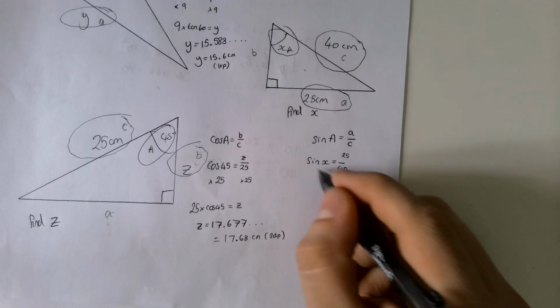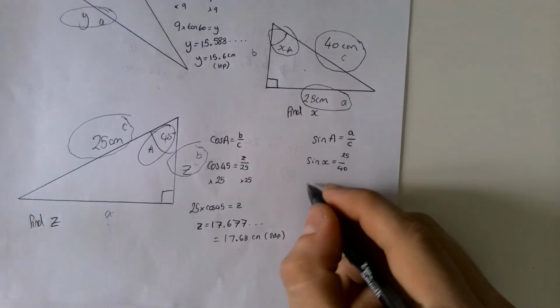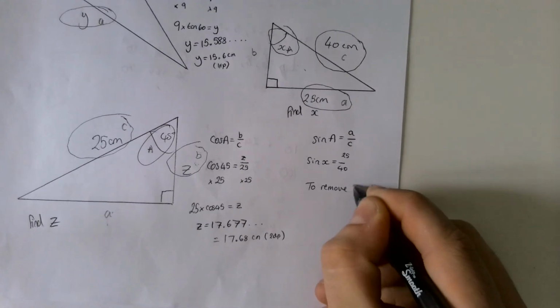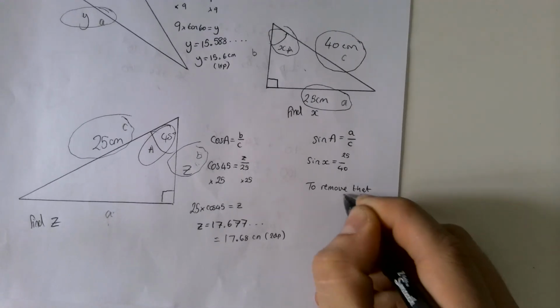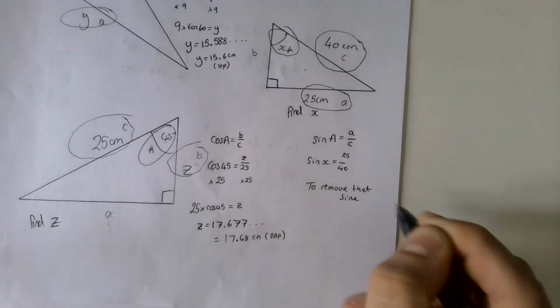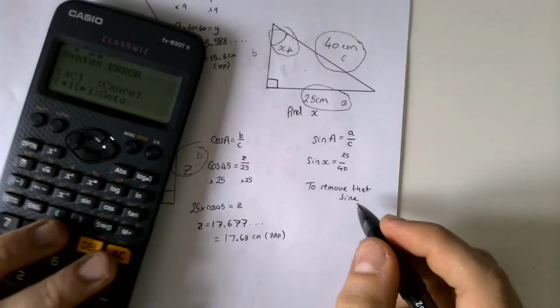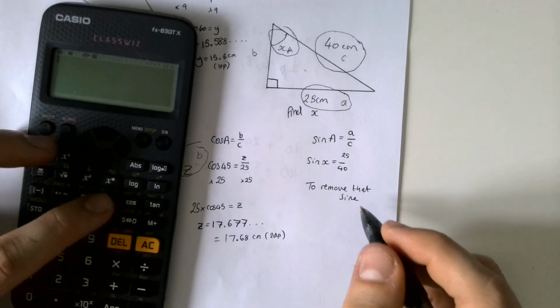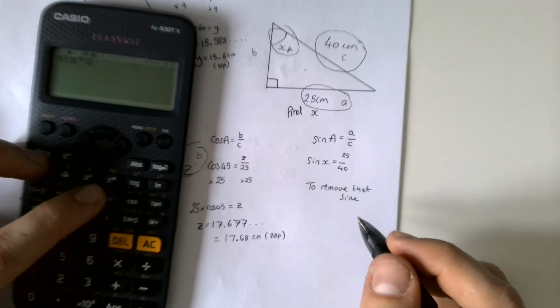So to undo a sine, to remove that sine, I need to use the sin minus 1 button. That is just the opposite of sine.